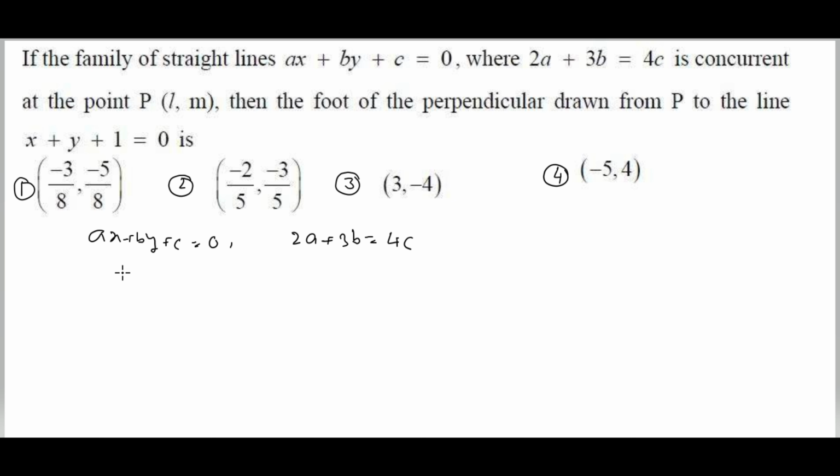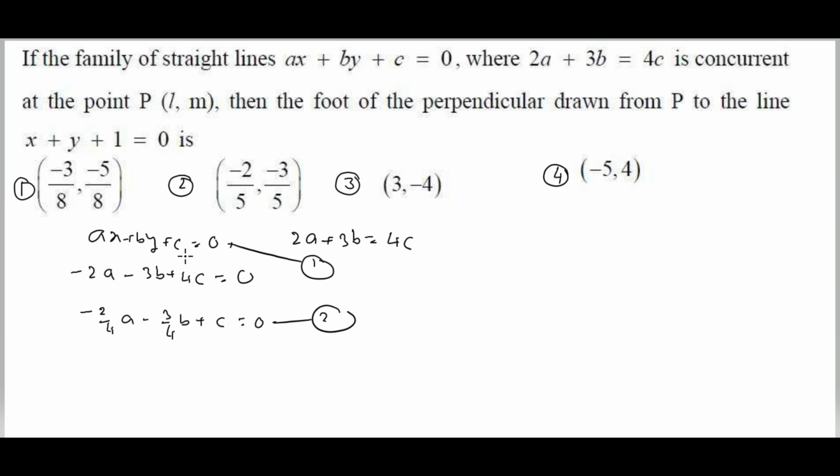Now we find the point of concurrence. The second equation is written as minus 2a minus 3b plus 4c is equal to 0. Dividing this equation by 4, that is minus 2 by 4 a minus 3 by 4 into b plus c is equal to 0. This is the second equation and this is the first equation. Equating these two, here is plus c, here is plus c.